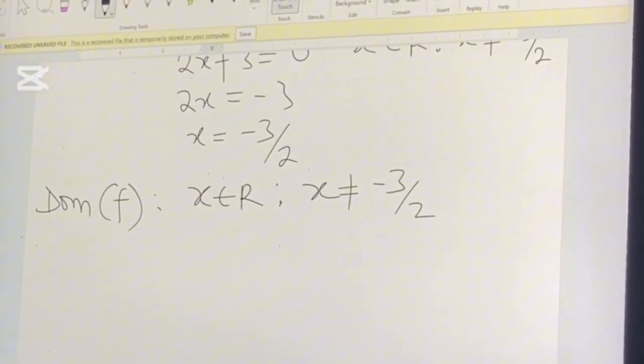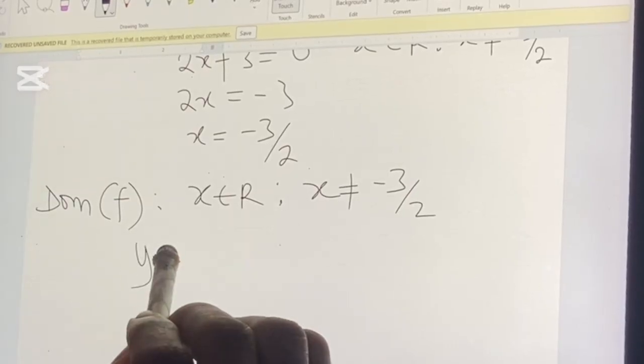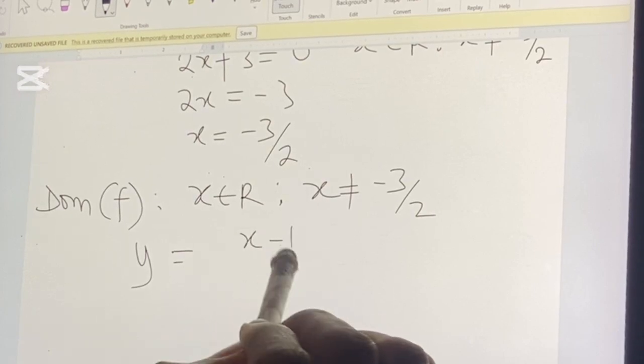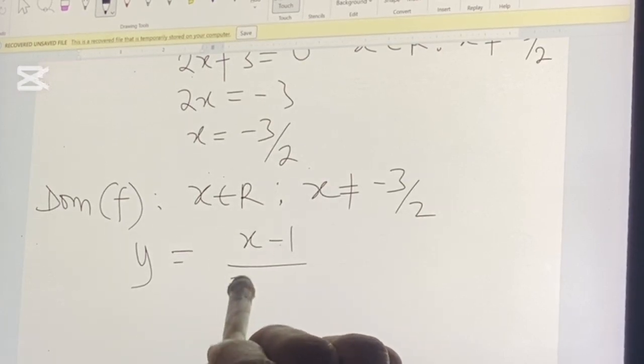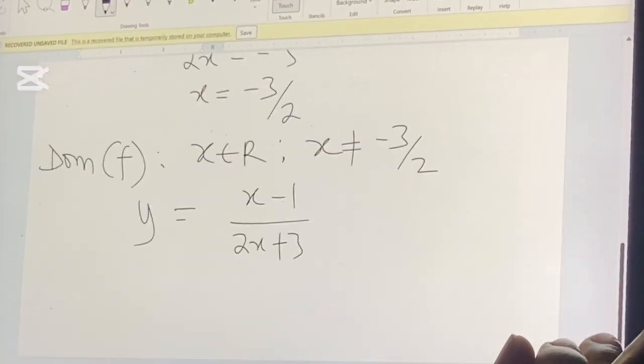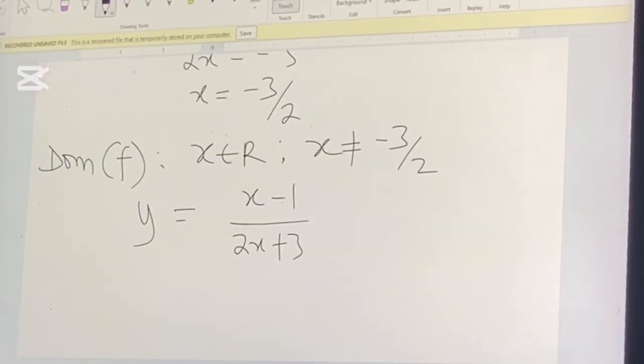So how do we get the range in this particular question? To find the range here, it is the inverse of the domain. So I have this to be y, remember, equal to f of s, y as a letter, s minus 1 over 2s plus 3. So I will find the inverse of this function.